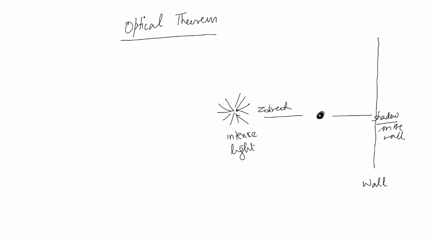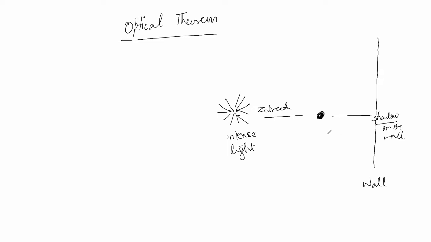Initially, this wall was getting illuminated, but when I put an object in between the source of light and the wall, we observe that there is a shadow also on the wall.